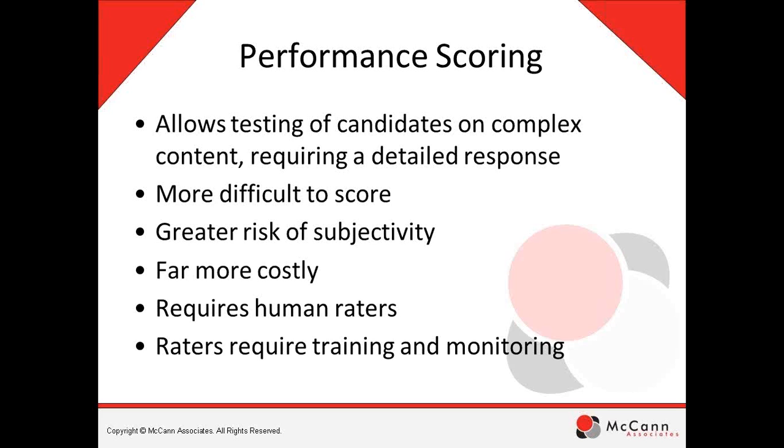There are known issues with performance scoring, such as content is difficult to score, and the scoring process inherently has a greater risk of subjectivity, and hence the need for periodic rater refresh trainings, which is very costly primarily due to the cost of the scoring and the raters, and requires human raters who require both ongoing training as well as monitoring.